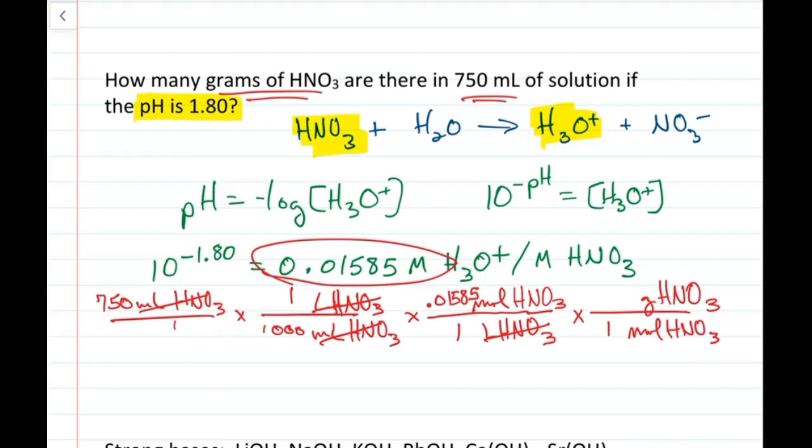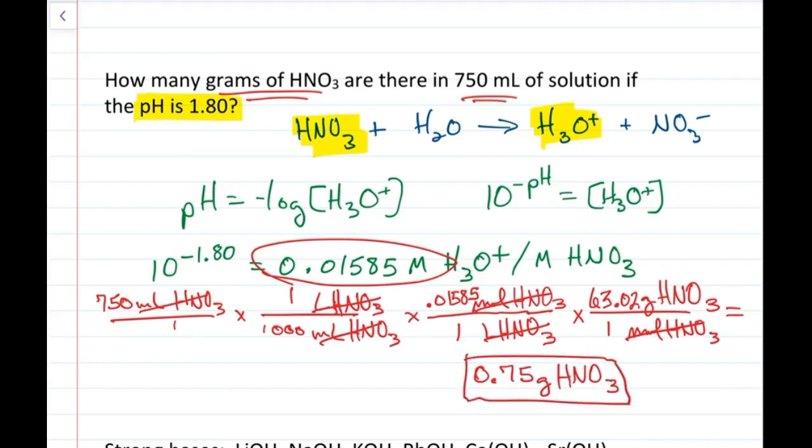So 1 mole of HNO3 is about 63, or 63.02, I believe. And so then that should give us our grams. All right, and it looks like that gives me 0.75 grams of nitric acid.